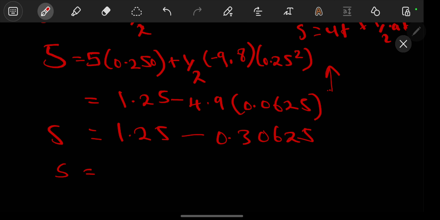So our S will be equal to, if we subtract from our 1.25, a value of 0.94375. So this is the displacement it gains, or rather the position.